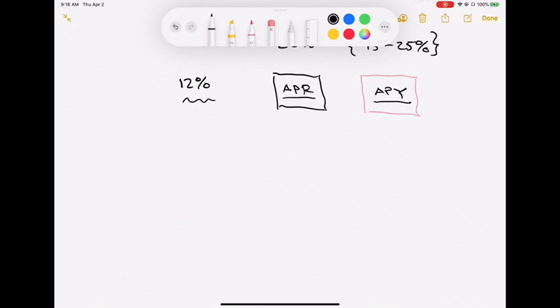So it's a monthly instrument, right? And over a year, there are 12 months. So 1 year equals 12 months.